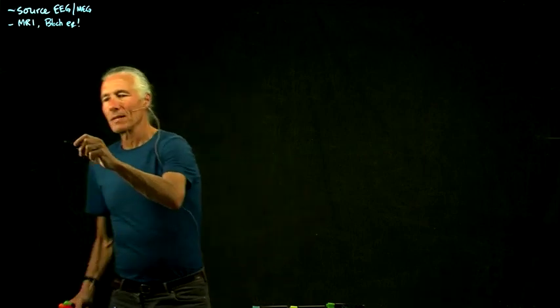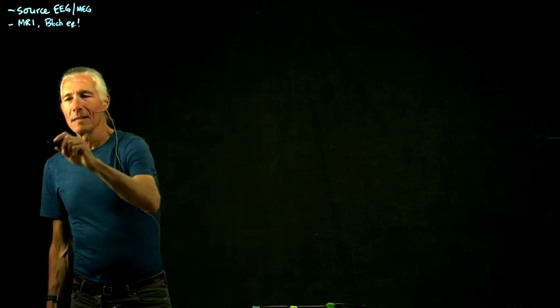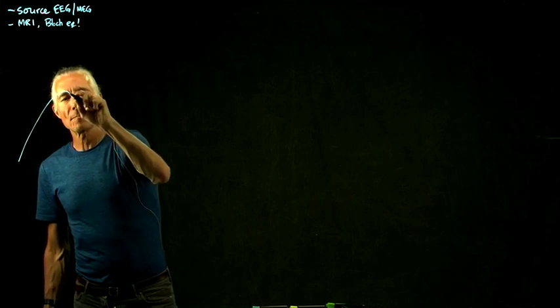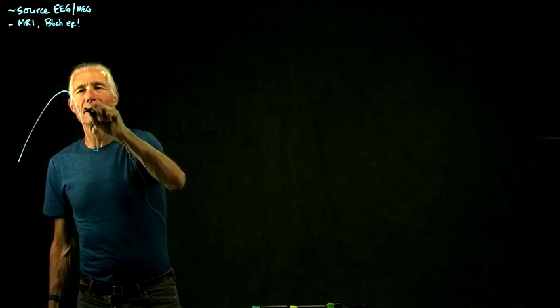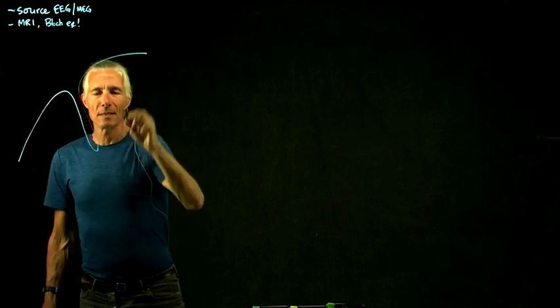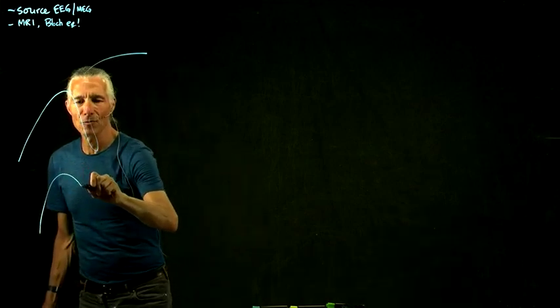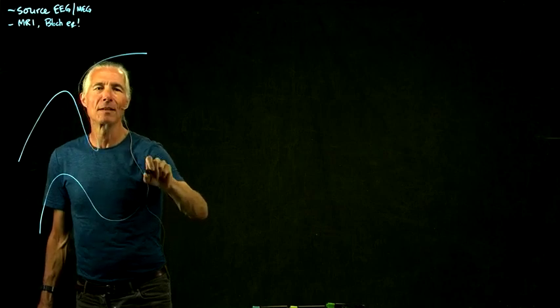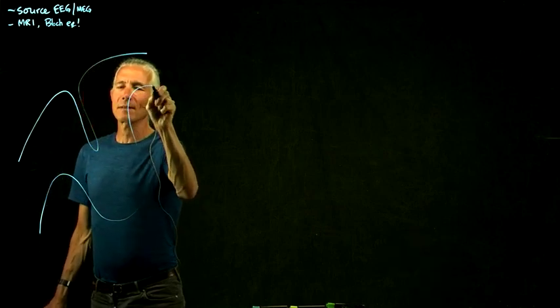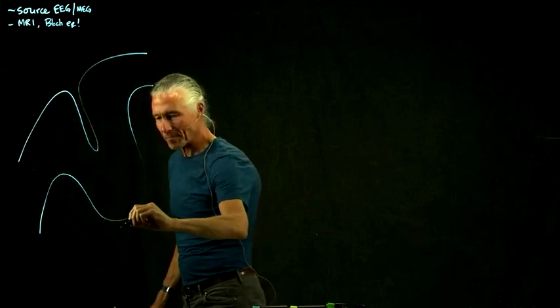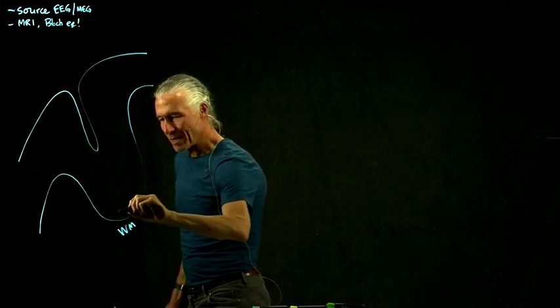If I draw a nice big picture of a little piece of the cortex, here's the gray matter, and I just drew one sulcus down there, and then here's a gyrus coming up like that. This is the white matter down here, and this is the gray matter.